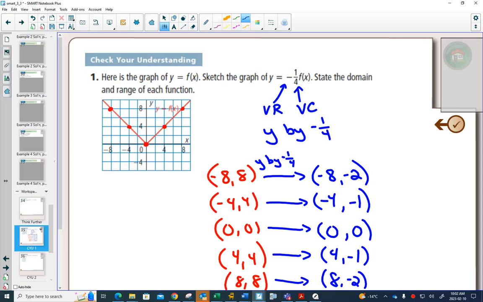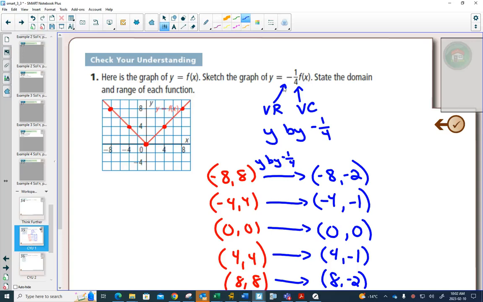And this technique of drawing the arrows is going to be helpful, especially when we get to ones where we do 4 things. Like if we multiply y by something, multiply x by something, add something to x, add something to y, it could get complicated just to do it all at once on the graph. For this one, I think you probably could have done it, right?